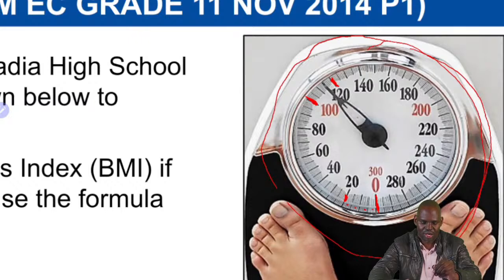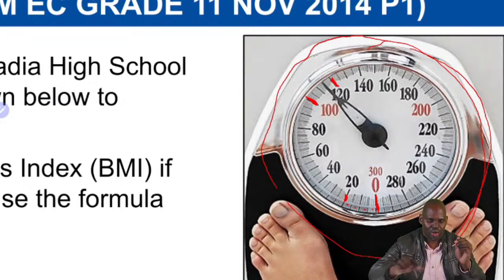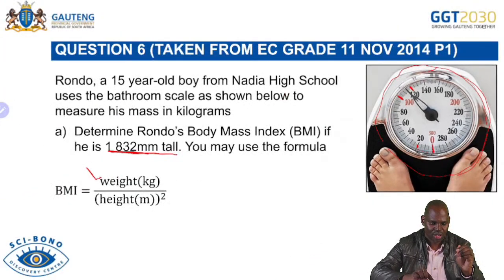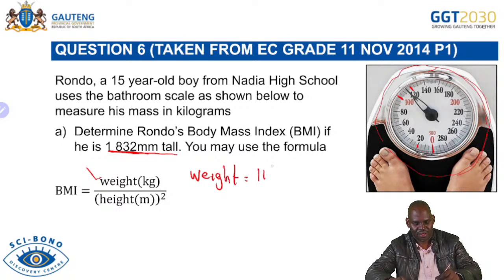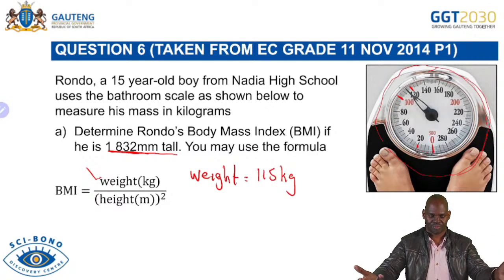So it means it's just below 120. So it's 105, 110, 115. So that means Rondo's weight is 115 kilograms. So we can just indicate that the weight is 115 kilograms. Now we've got the weight.